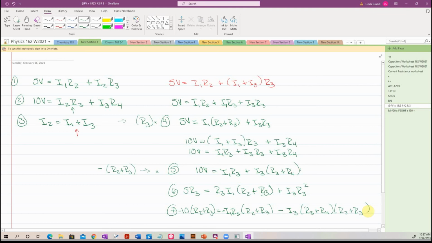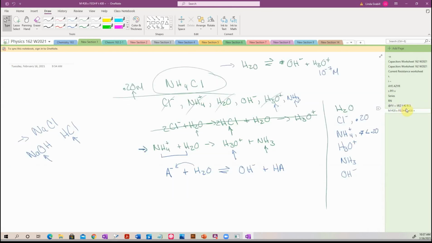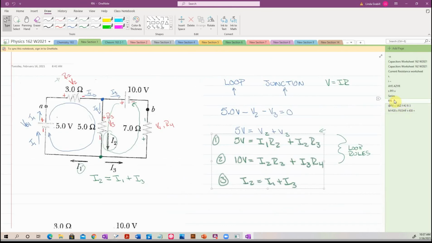Let's do ourselves a favor, because this is going to get gnarly, having to FOIL that out. Let's write out our defined values. So R2 is 3 ohms. R3 is 5 ohms.